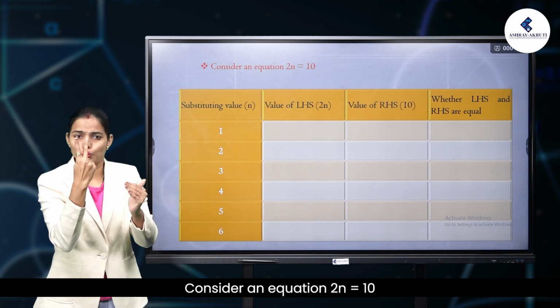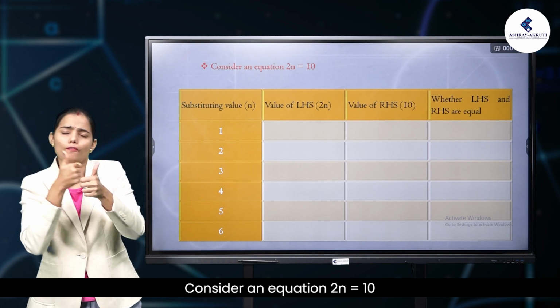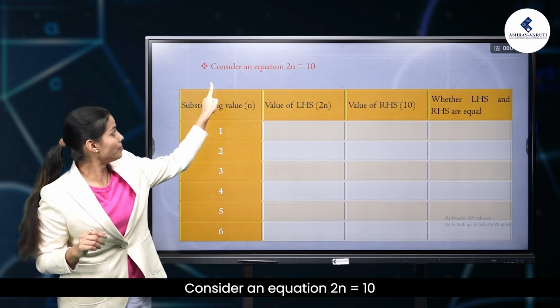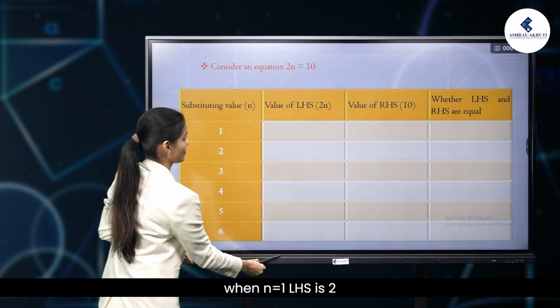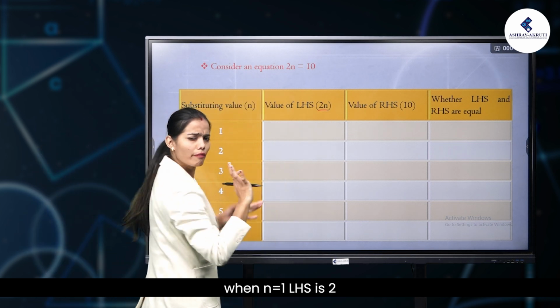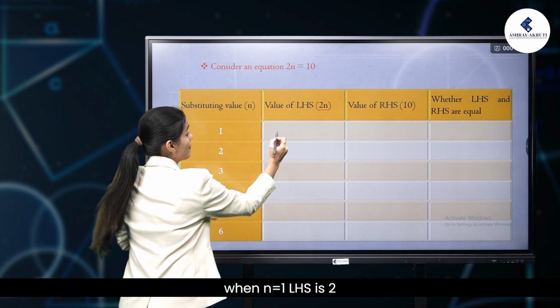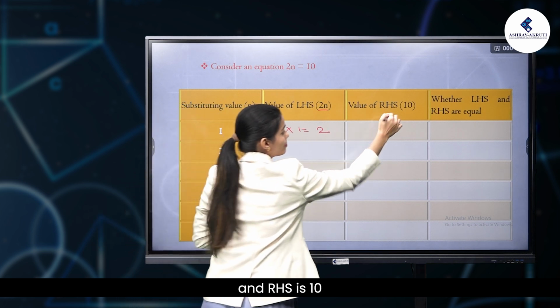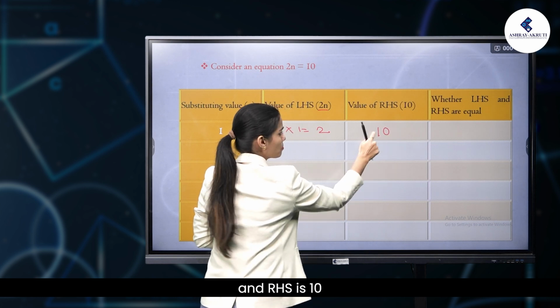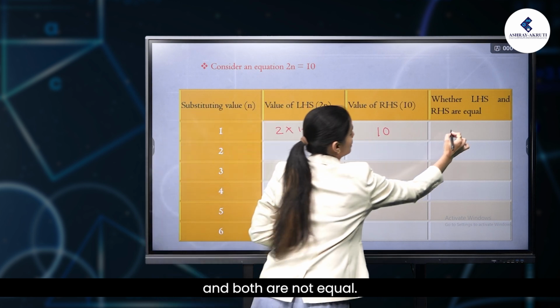Consider an equation 2n is equal to 10. When n is equal to 1, LHS is 2 and RHS is 10, and both are not equal.